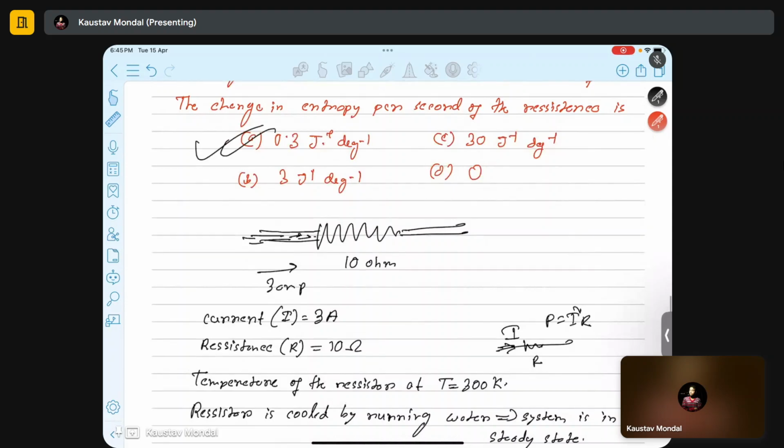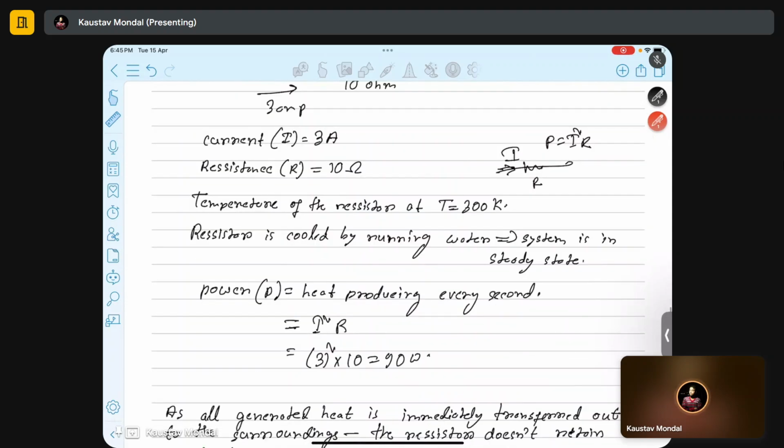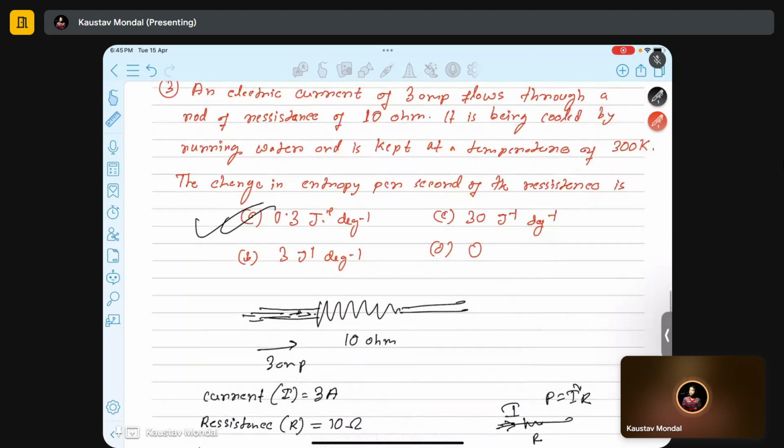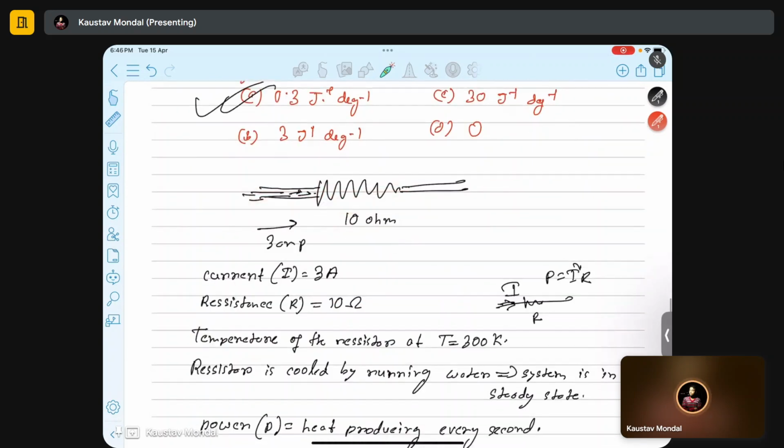Let me just tell you what we have done here once again. Basically a 3 ampere current is flowing into this wire where a 10 ohm resistance is there. When this current flows through this resistance, it faces some resistance, right, when it moves through the resistor.